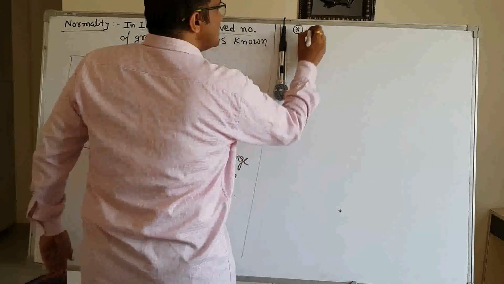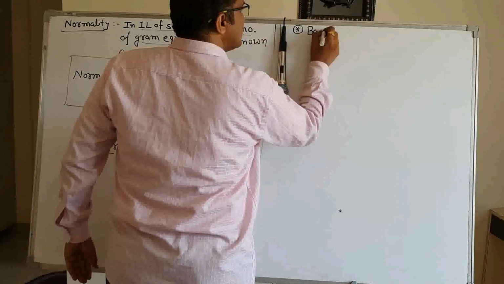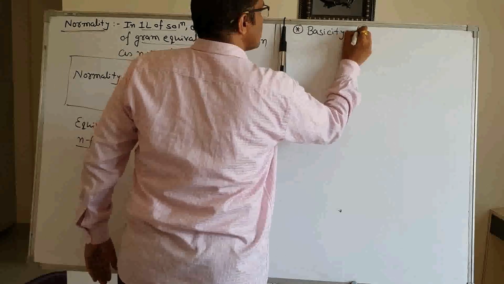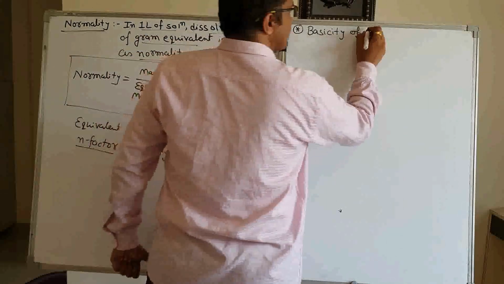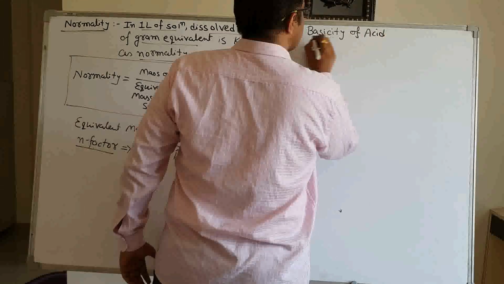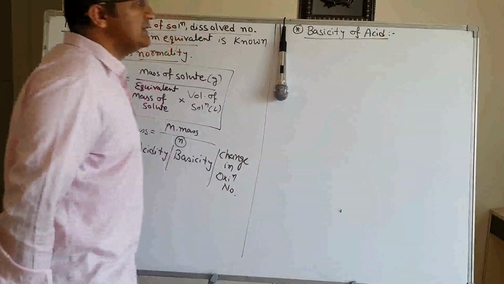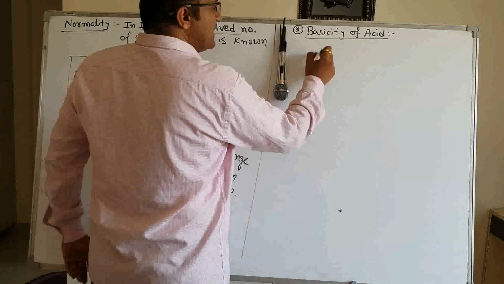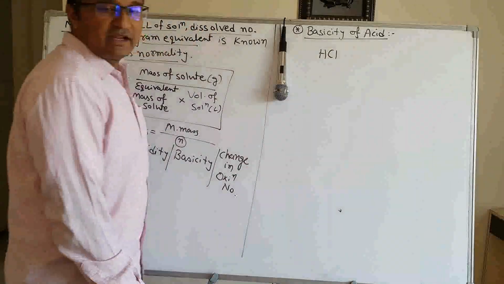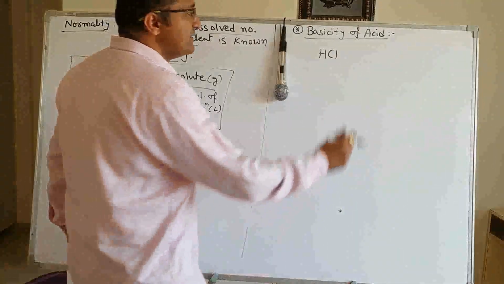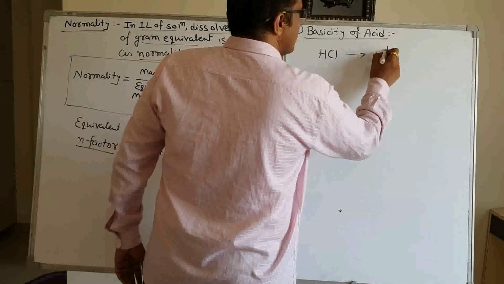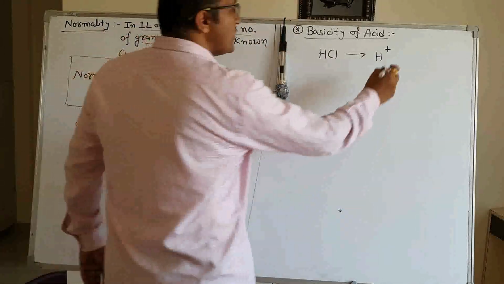First we are taking basicity of an acid, and the definition of it is simply, if we take HCl, hydrochloric acid, this hydrochloric acid will release one H plus on ionization.